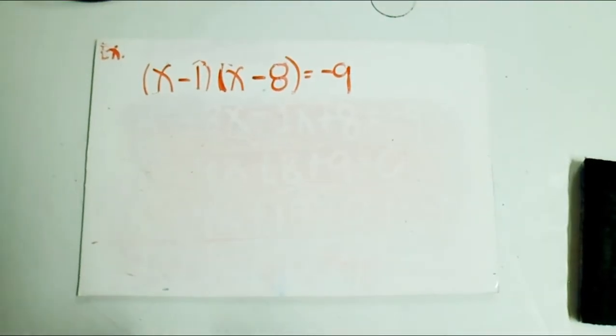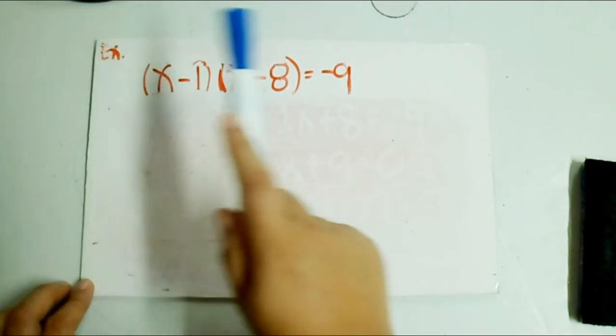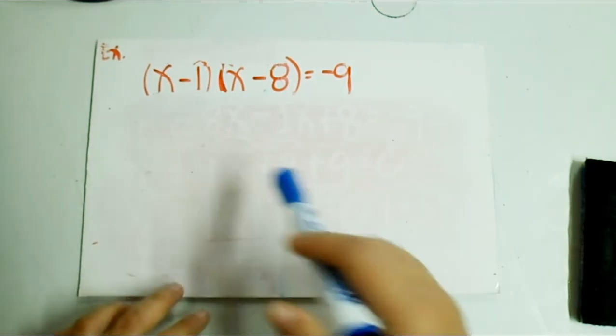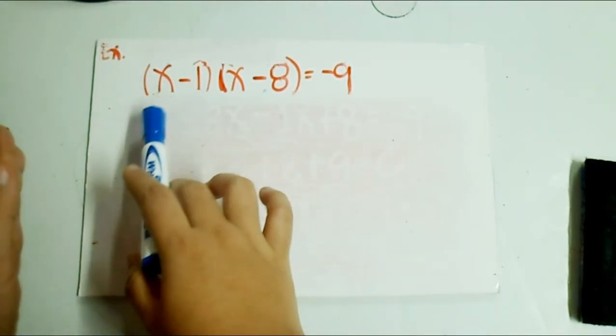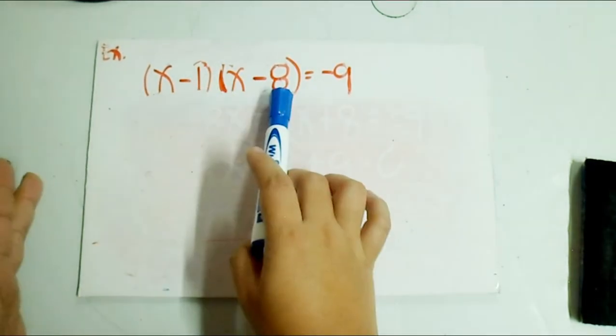We have here the next example: the product of the binomials x minus 1 and x minus 8 is equal to negative 9. We have to distribute x here and negative 1 here.